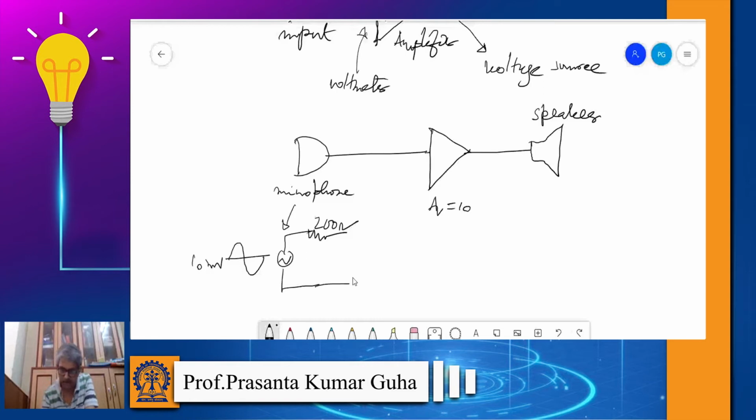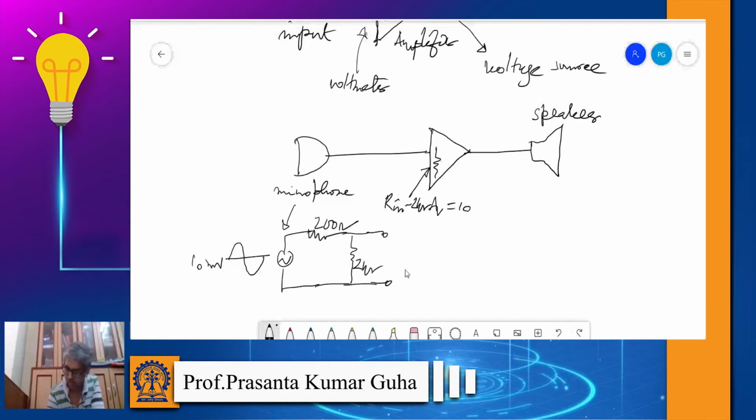Now if I take some values, for example, say R in of this amplifier is 2 kilo ohm.